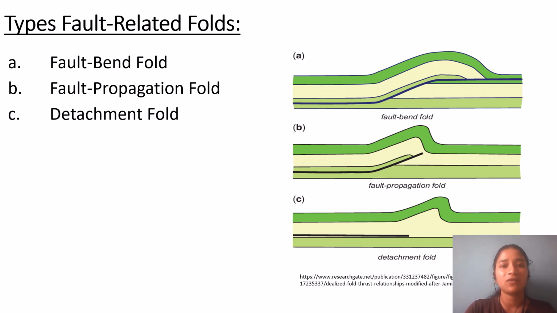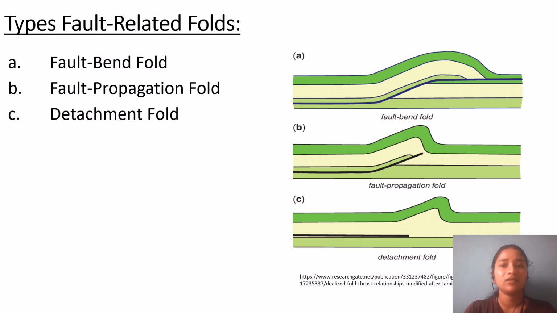Then the next one is fault-propagation fold. This one forms at the end of a fault that doesn't reach the surface. Instead of breaking through, the force is absorbed by folding the rock layers above it. Then there is detachment fold, which forms above a weak, slippery layer underground, like clay or salt.